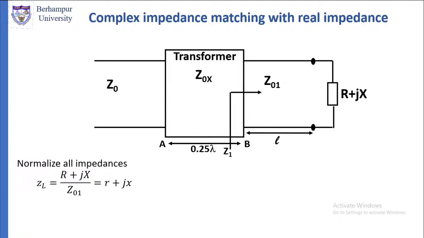That we know. But now we have R plus jX instead of R, so we cannot simply have a characteristic impedance Z0X equal to root over Z0 into (R plus jX). That square root is difficult to find.